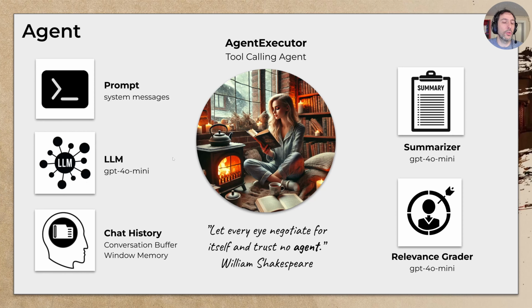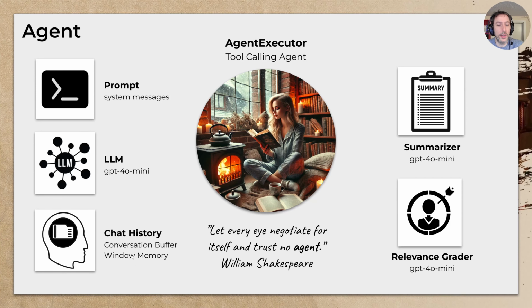At the core of my agent, I have GPT-4o Mini as a large language model. The personality of Alice is defined inside the prompt. This is where I list all her personality and all of the instructions that she should follow.